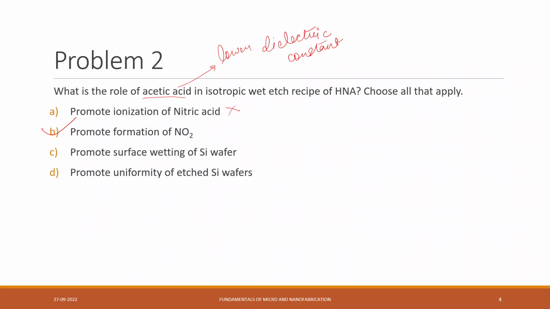That's why acetic acid can help the recipe to be fully spread on the silicon wafer, and the reactions can happen uniformly. So essentially C and D options are interconnected, and because of the spread we also get uniformity of the wafers. So the answers will be B, C and D. Okay, so we can go to the next one now.